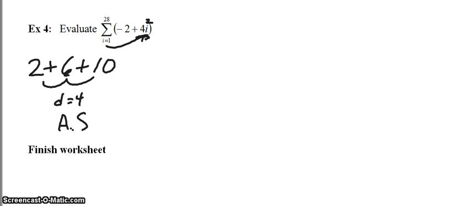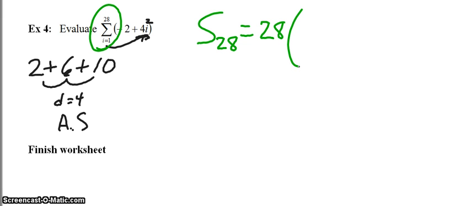Can we tell how many terms we are getting? We should see that we have 28 terms. So the sum of these 28 terms is going to be 28 times the first term, which, sticking i equal 1 in here, was a 2, and our last term.